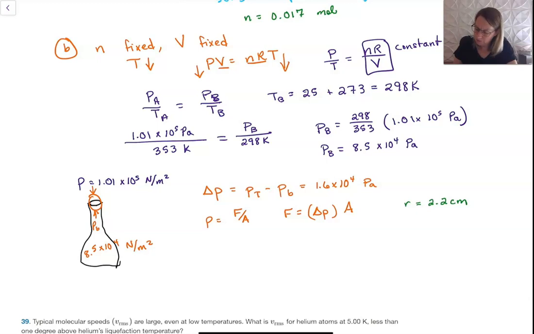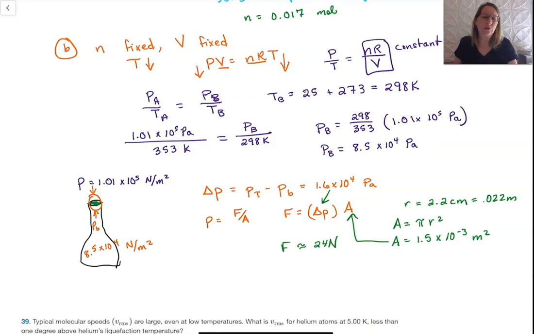So the open area here is pi times r squared, and I need this in meters, so 0.022 meters. That gives me an area of about 1.5 times 10 to the minus 3 meters squared. When I put this in, I get a force of around 20 or so. It's actually 24 newtons, so a pretty substantial force to act on this egg to push it down.